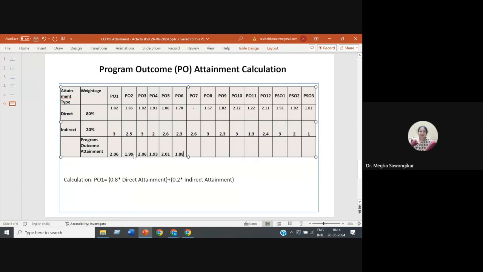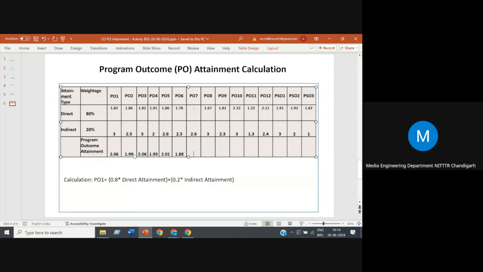We will write up to 2 decimal places only. PO7 is 0.52.